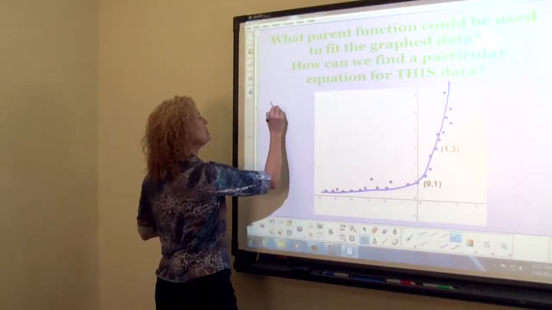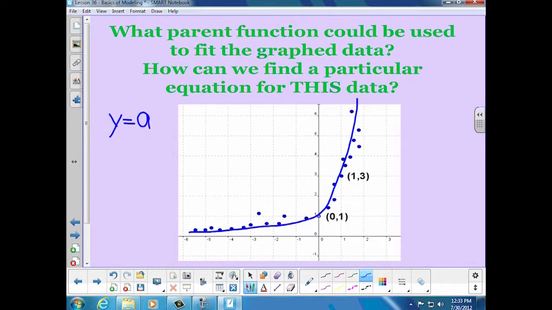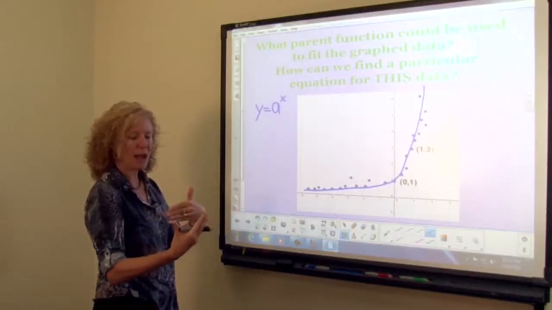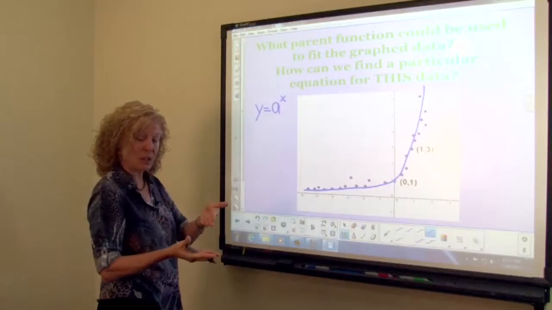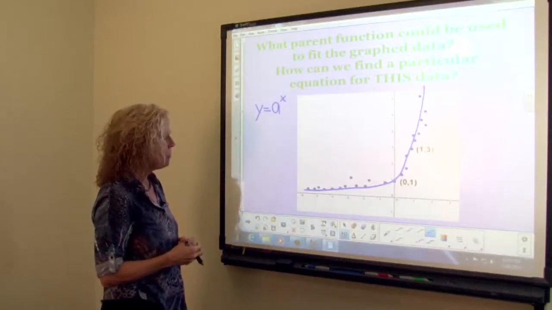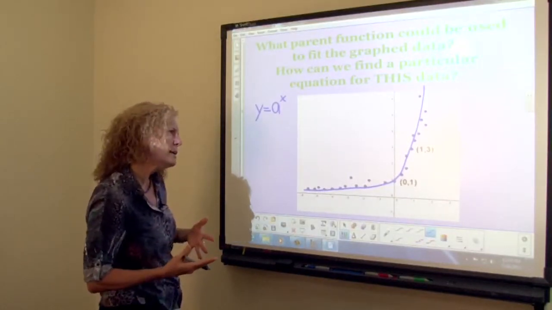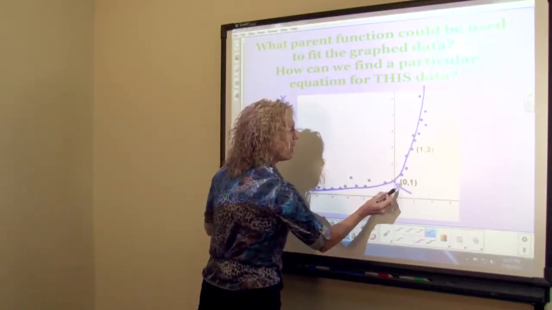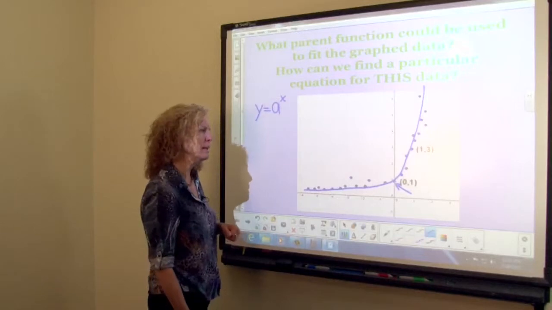And the exponential function is y is equal to a to the x for the very basic. And by the way, I'm not putting any slides on it, left and right or up and down translations. So as I look at this, I think, all of my exponential graphs went through that point 0, 1.